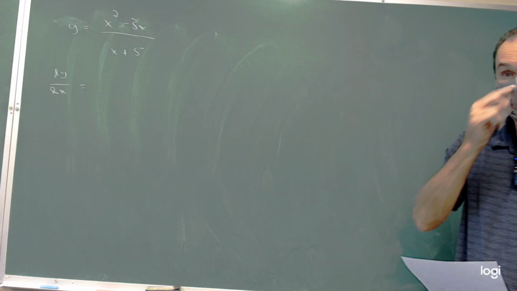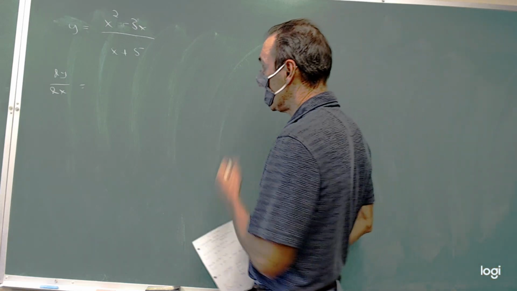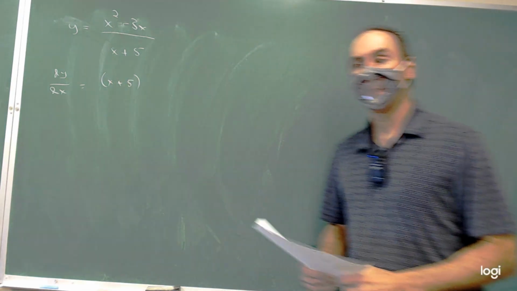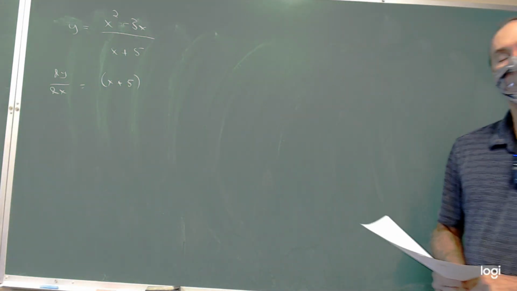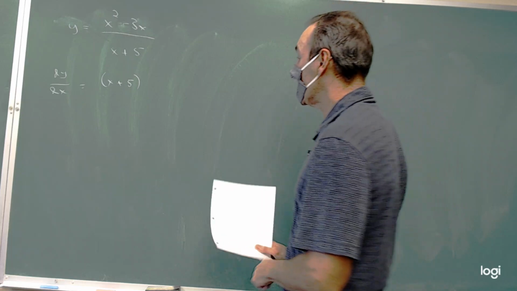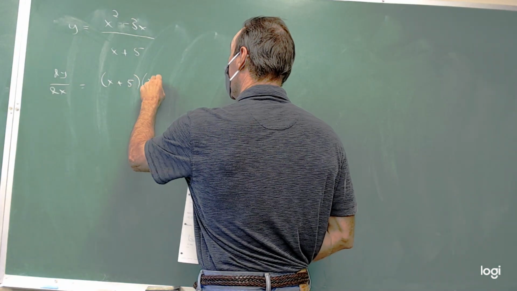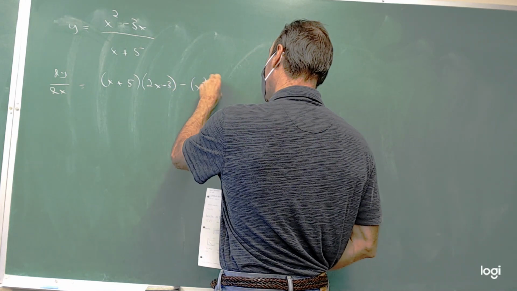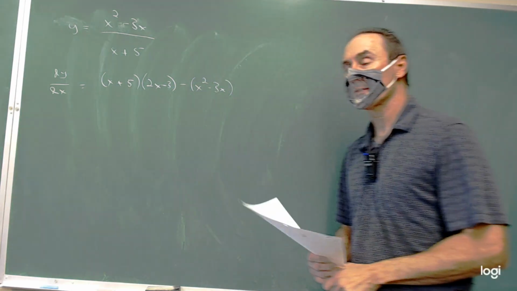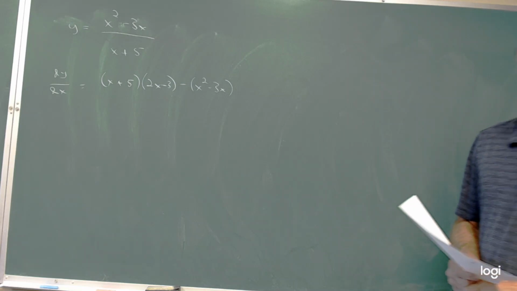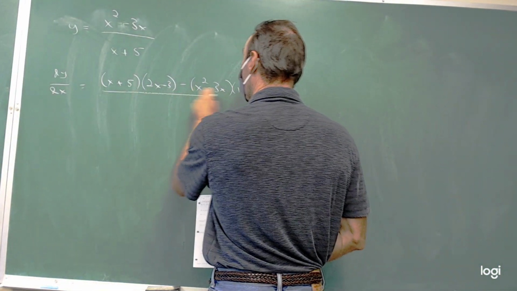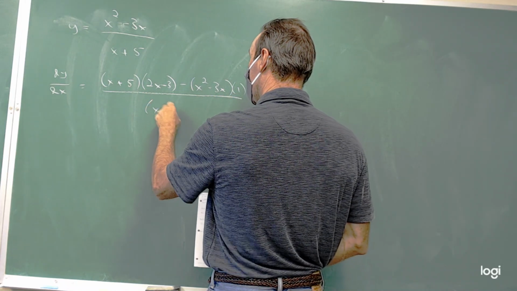Okay, so we are going to get the denominator, that's x plus 5, times the derivative of the numerator, which is 2x minus 3, very nice, minus the numerator, x squared minus 3x, times the derivative of the denominator, which is just 1, all over the denominator squared.